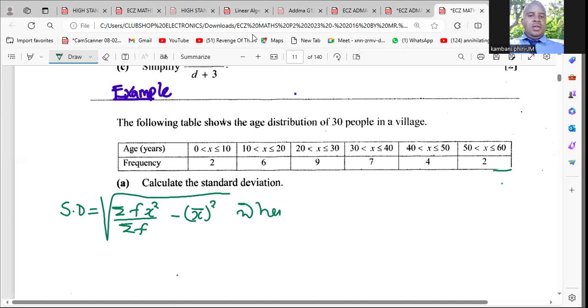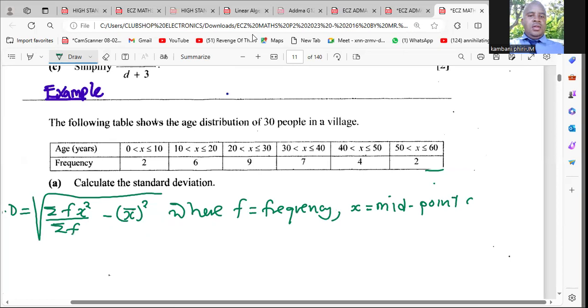where f is equal to the frequency, x is the midpoint of each class. We can say interval here.